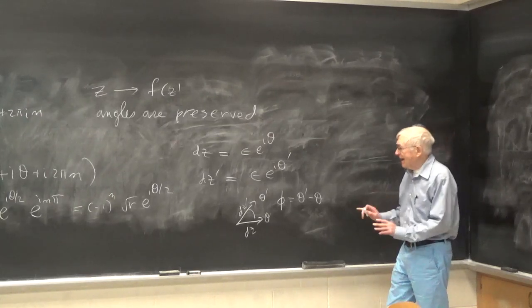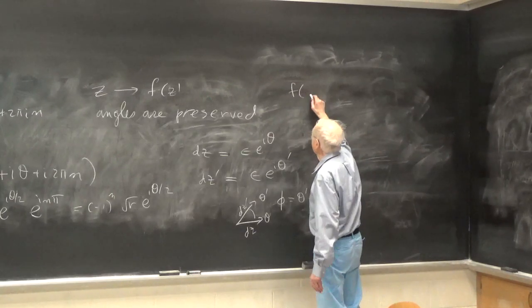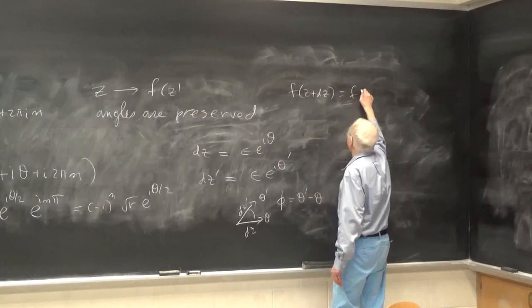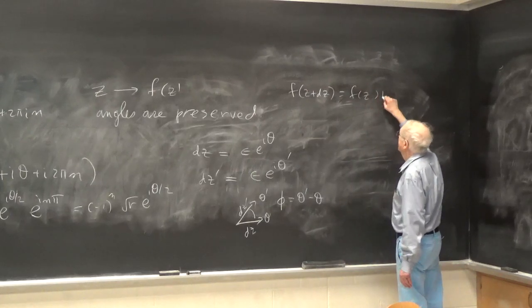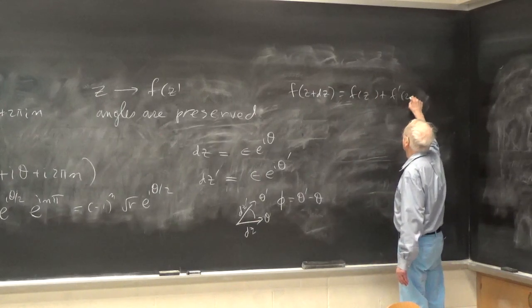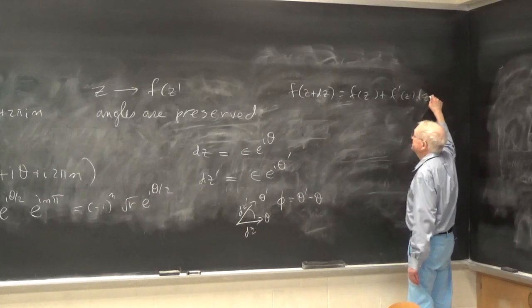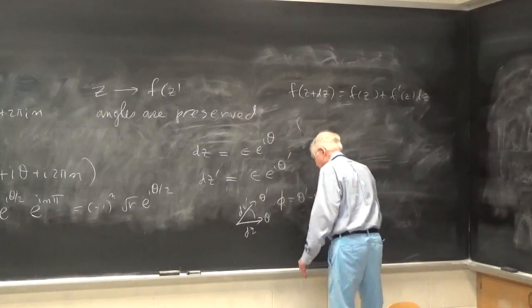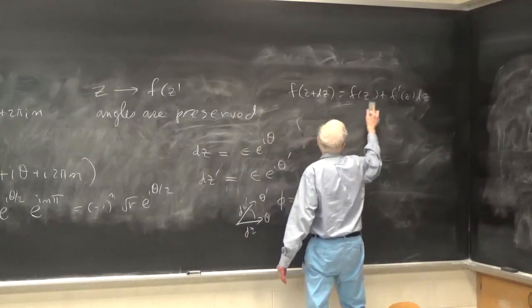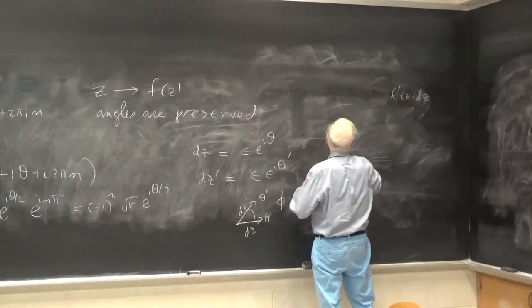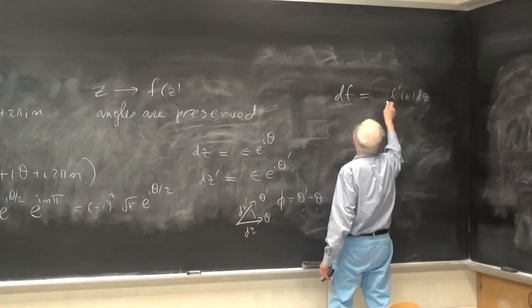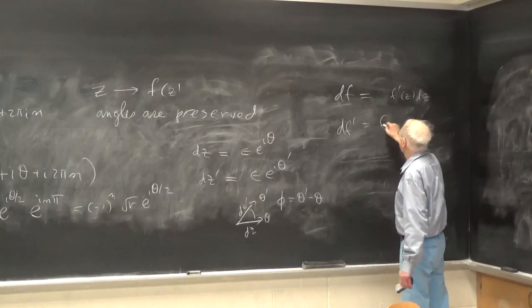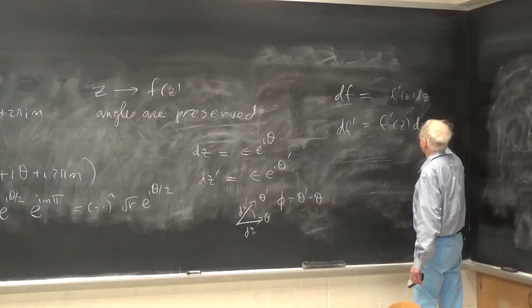Now, that gets mapped into f of z plus dz, which is f of z plus f prime of z dz, or I wanted to say df. So let's look at df. df is f prime dz, and df prime is again f prime of z dz prime.